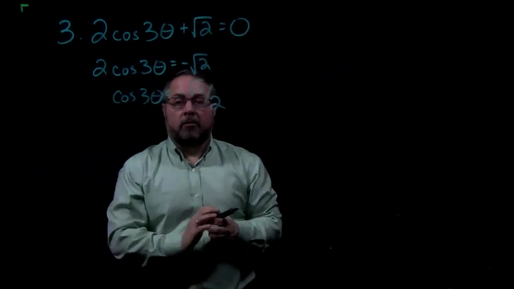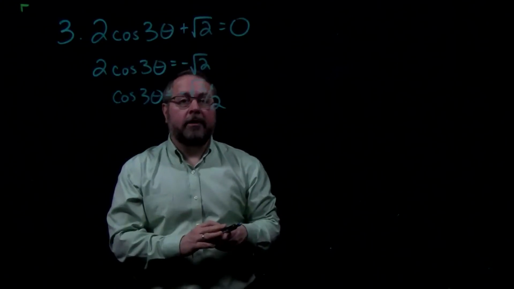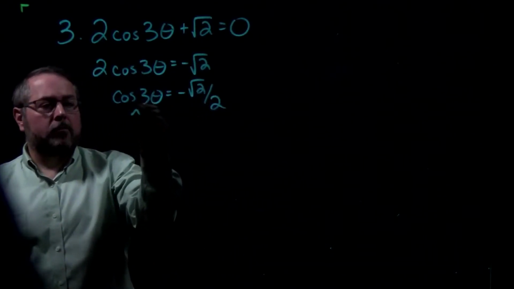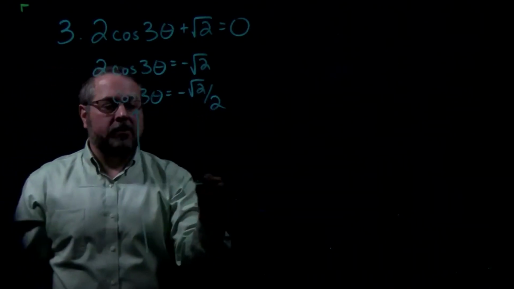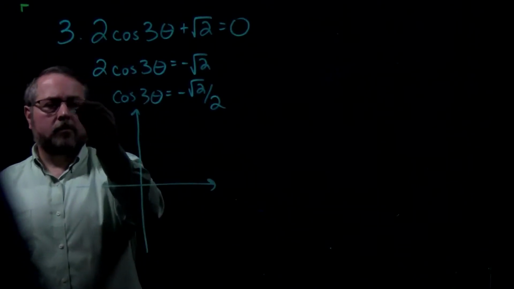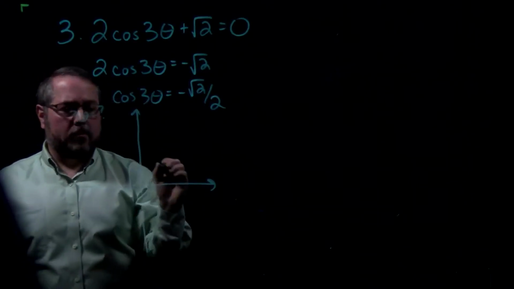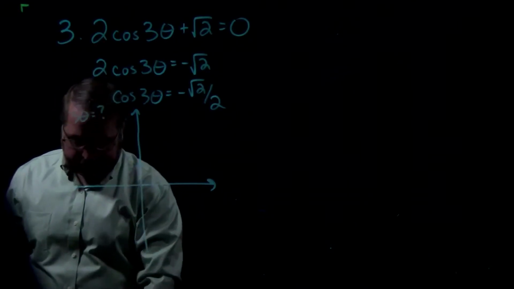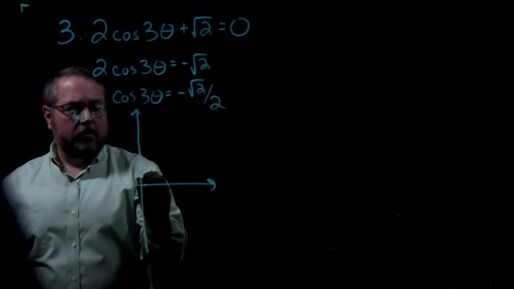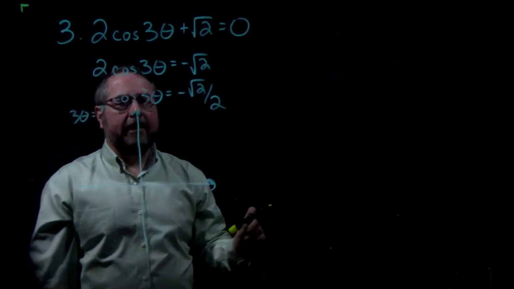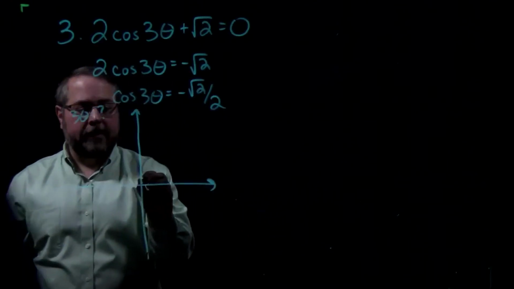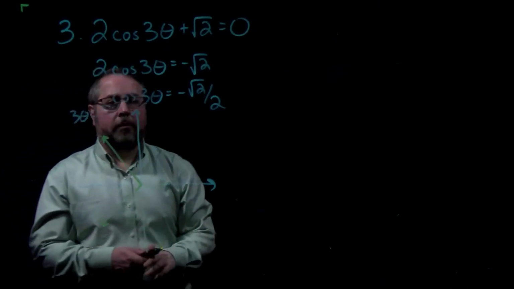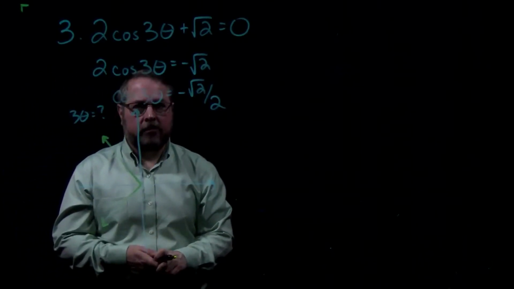So we'll isolate the cosine on one side. So we get cosine of 3 theta is negative square root of 2 over 2. And therefore, we'll think about what 3 theta needs to be. Well, 3 theta is an angle with a negative cosine, so that's going to put us in either the second or the third quadrant, since we have a negative cosine.